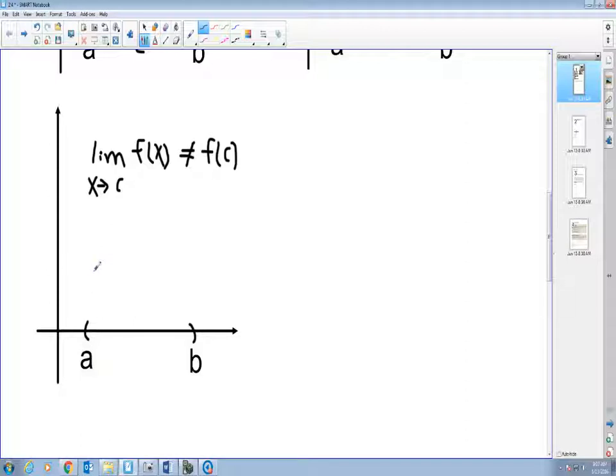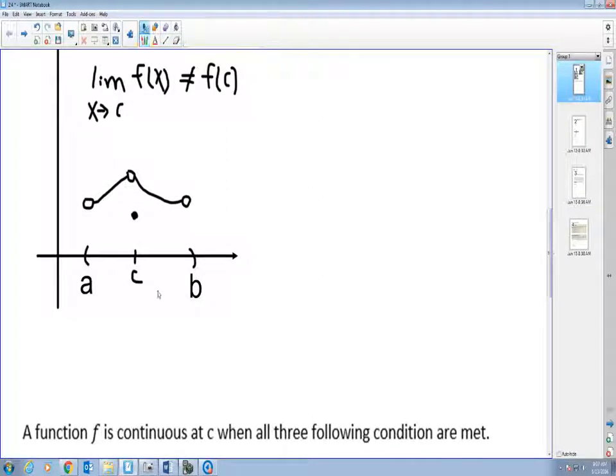What that means is between the interval a to b there exists a number c where my function, approaching c, has an open circle at c. And at the end of the function inside the interval to b, open circle again. But when I evaluate f of c, the y value is somewhere else. If that's the case, the function is not continuous.